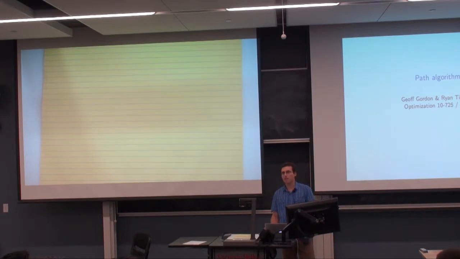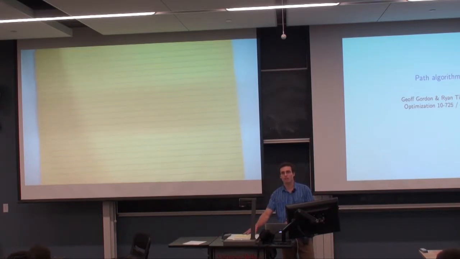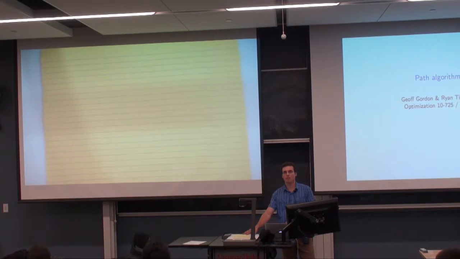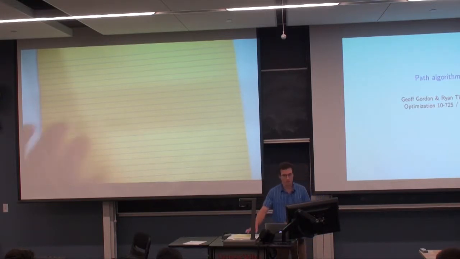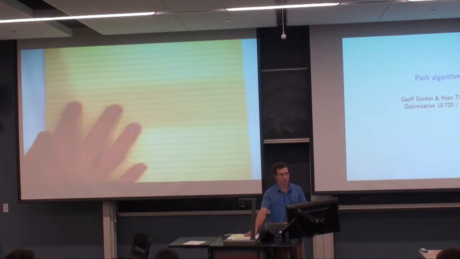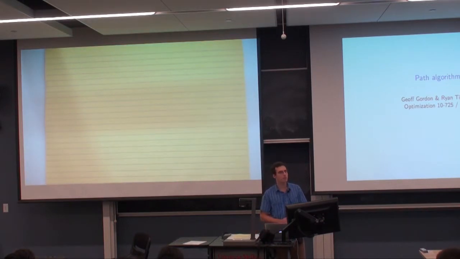So last time we talked about coordinate descent, and I gave the intro to that topic as it's something that statisticians and people who do machine learning care about, but you might not see it in an optimization context, or at least not emphasized as much. And today is another one of those topics. So we're going to talk about path algorithms, which is, again, something that people in optimization tend not to think about as much, but people who do statistics and machine learning do.